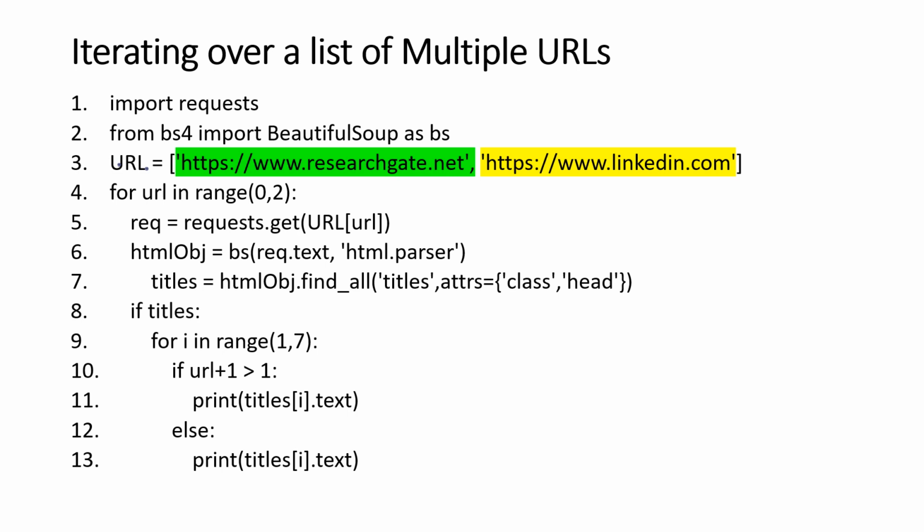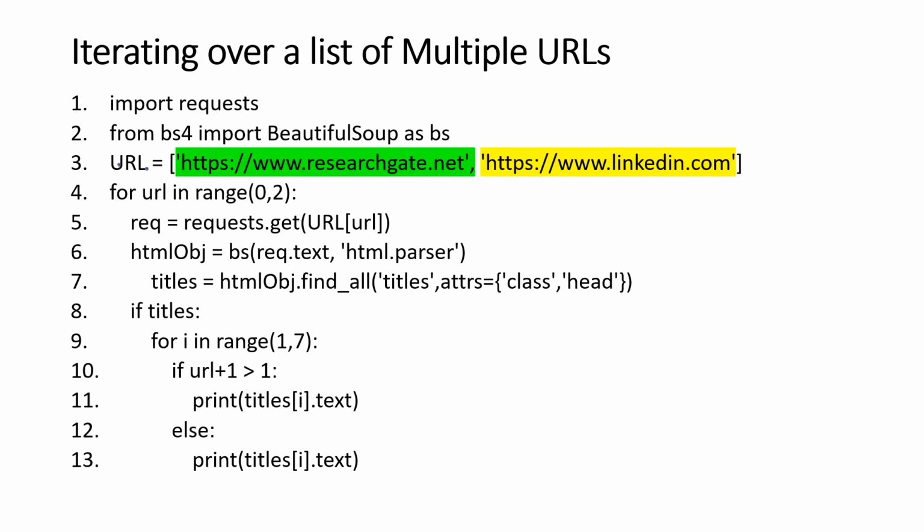Now see, here I have discussed how to call more than one web page one by one. As usual, you have to first import requests and BeautifulSoup. Then you have to create a list of all the web pages that you want to scan, separated by commas.